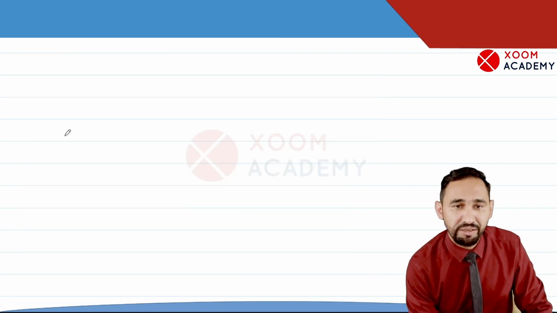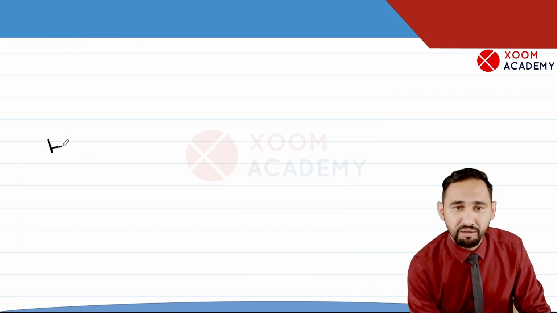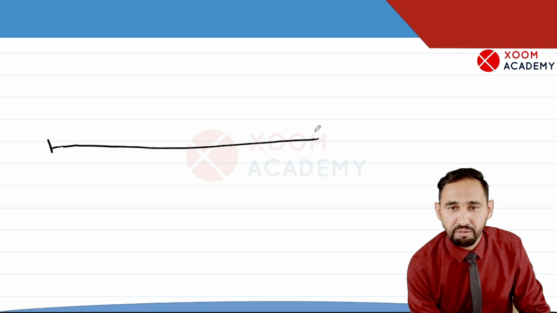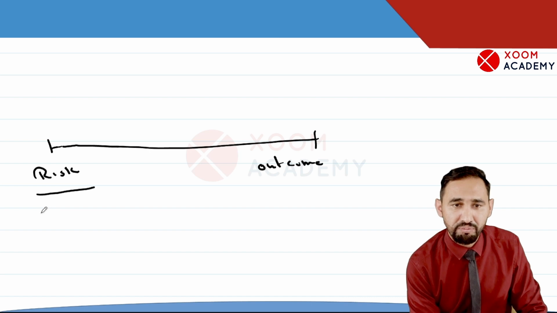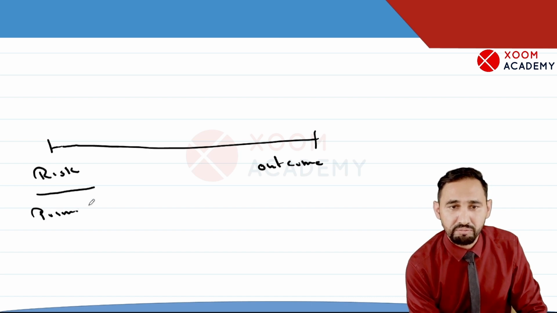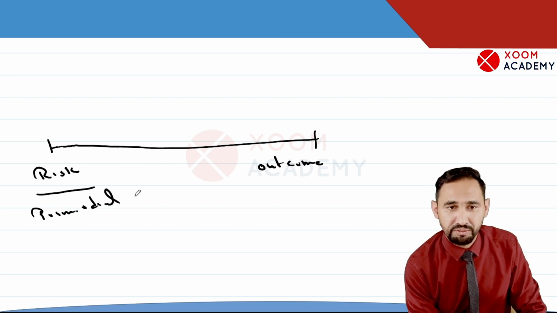Okay. We can say disease process starts by risk factor. It causes outcome or disease. If we stop risk factor, we can do primordial prevention.